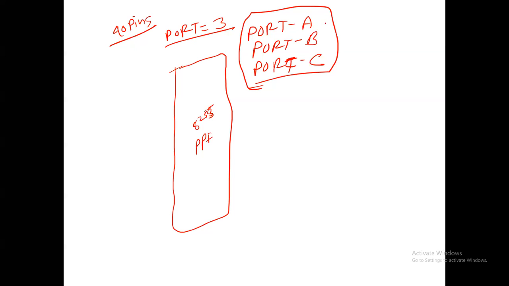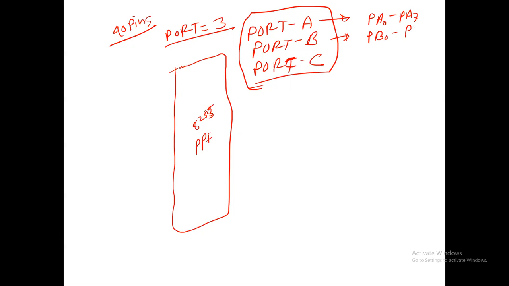Communication port A has 8 pins, PA0 to PA7, total 8 pins. Port B also has 8 pins, PB0 to PB7, and port C also has 8 pins, PC0 to PC7.